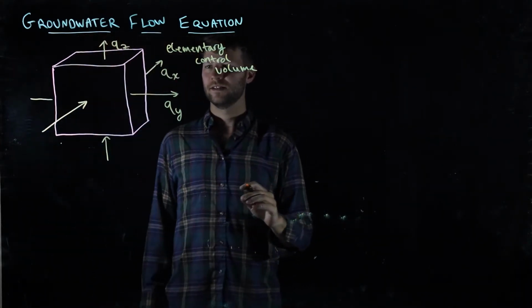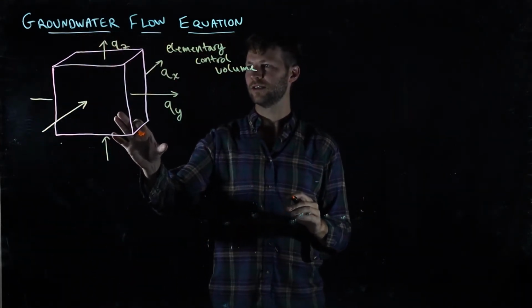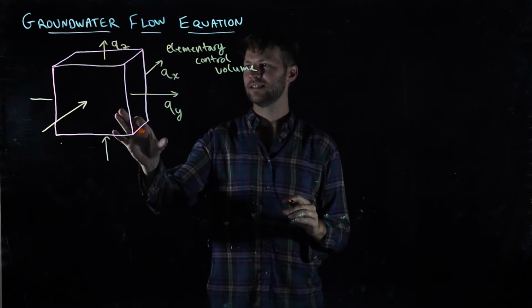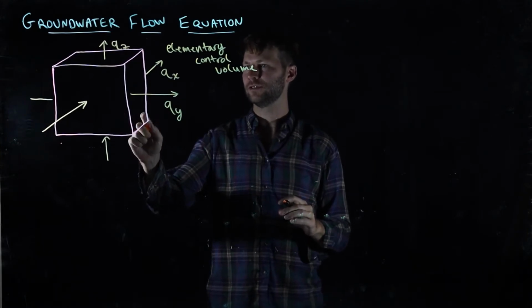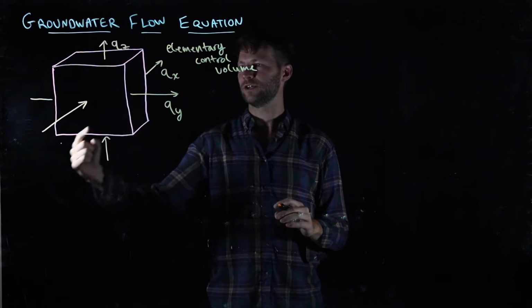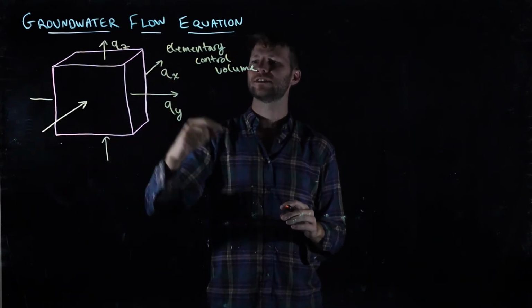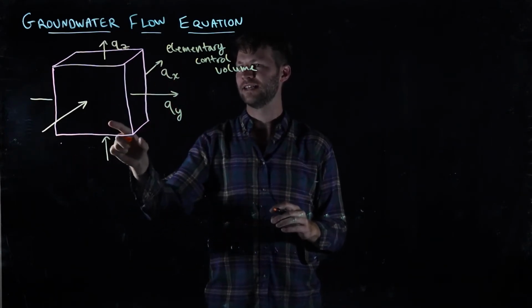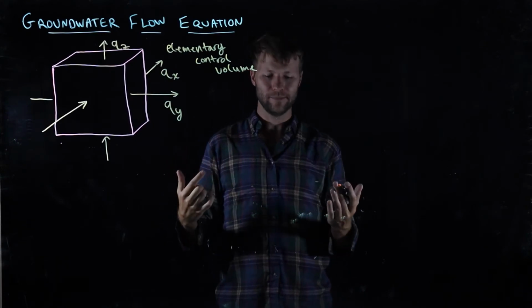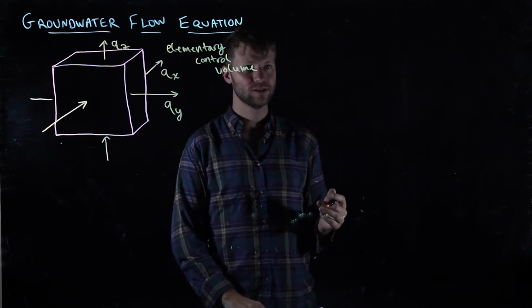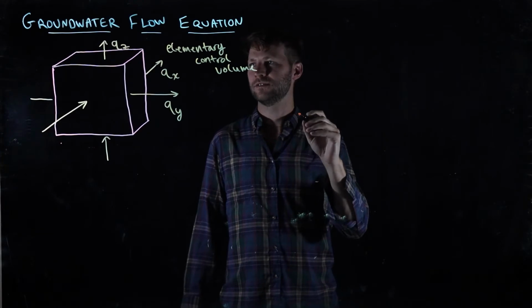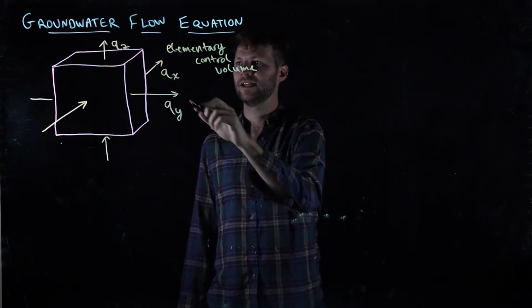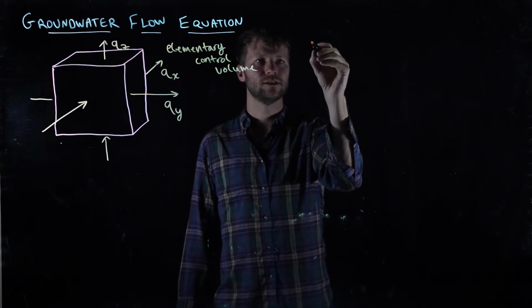Now, the change in storage inside of this box is going to be related to the difference between the QX coming in and the QX going out. So the out minus the in here. And we can describe that mathematically using partial derivatives and describing the change in space here.